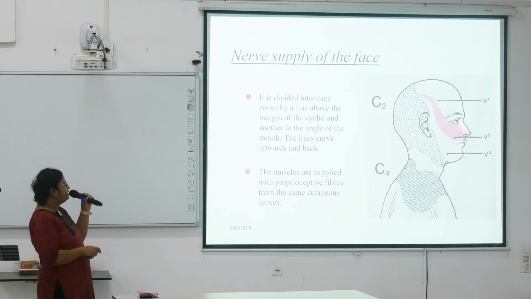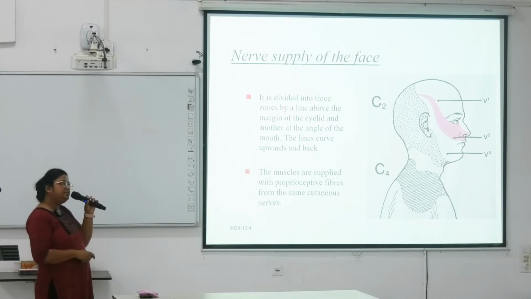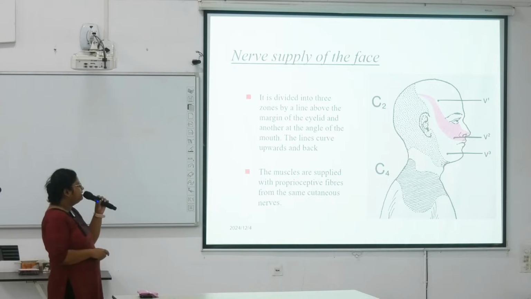Okay, so above the upper line, this part is supplied by the ophthalmic division. This pink area is supplied by the maxillary division, and this area is supplied by the mandibular division of the trigeminal nerve. And they are supplied according to their development.